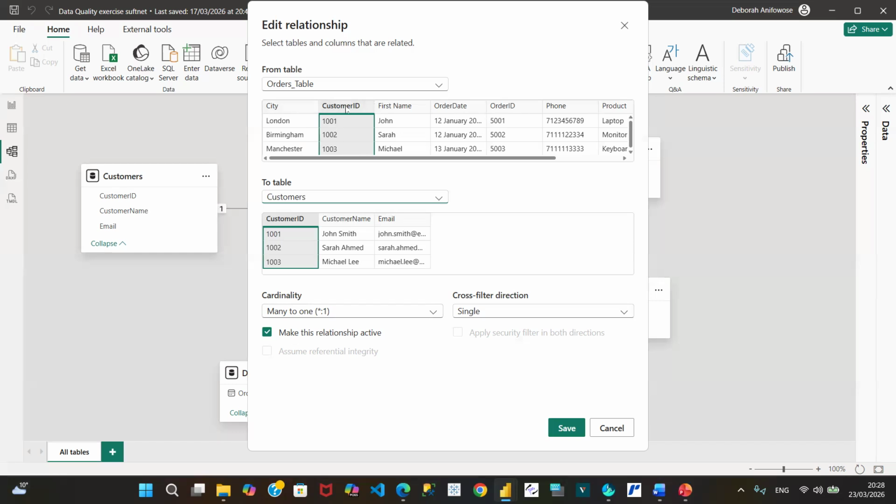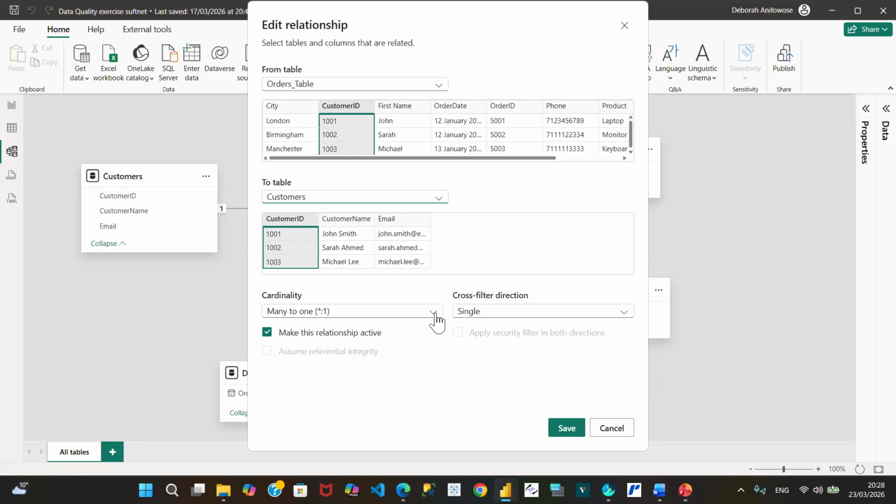A customer can place orders as many times as possible, and it will be recorded here as many times as they do. That's why this is the many table for this relationship, many to one. Whereas on customers table, we are expecting each of the customers' IDs to appear just once. That is why it's a many to one.